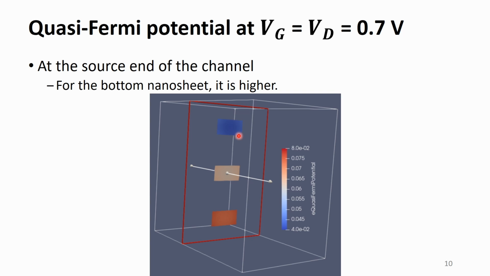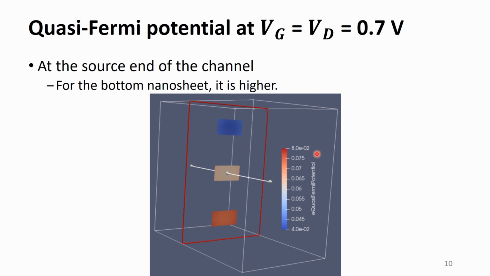As shown in this figure, although the top nanosheet has a value close to 0.04 volt, the bottom one has a value close to 0.08 volt. Such a difference originates from the voltage drop in the heavily doped source region.